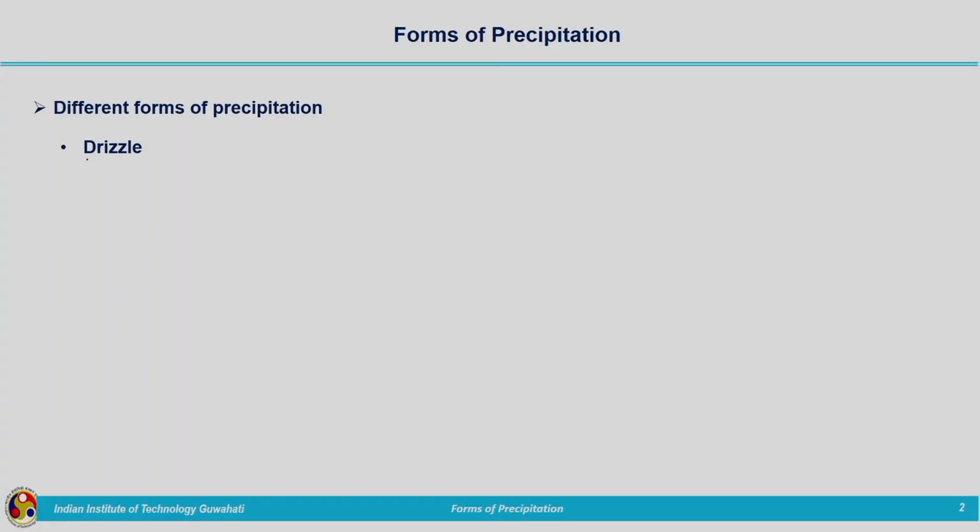So first one, we will start with drizzle. When it is a very small amount, we say it's drizzling. Drizzle is very small, tiny droplets of water which fall on the ground from the atmosphere, very difficult to measure.